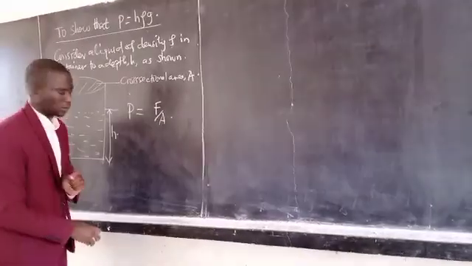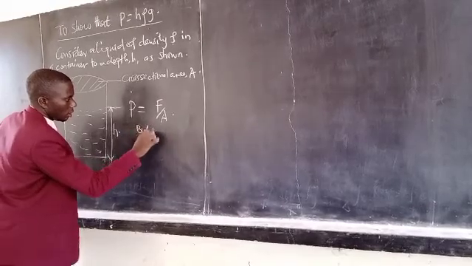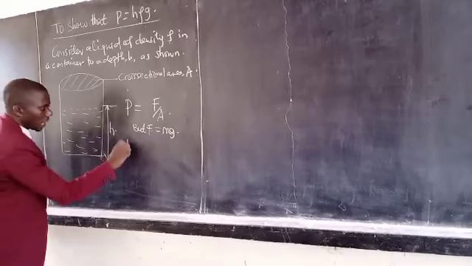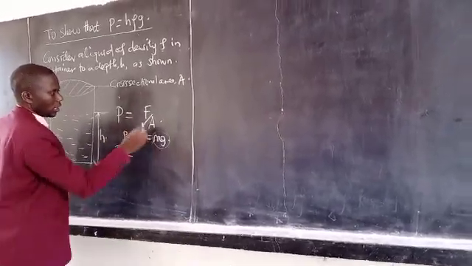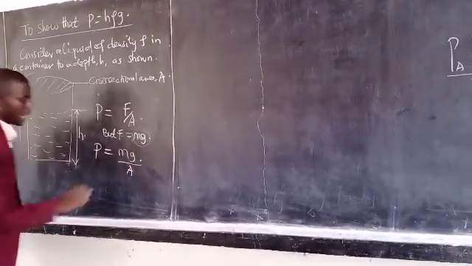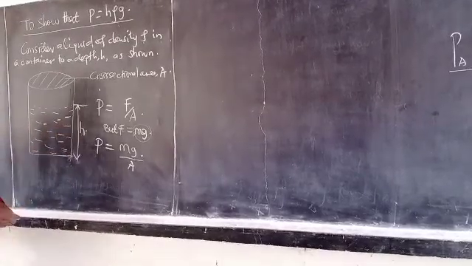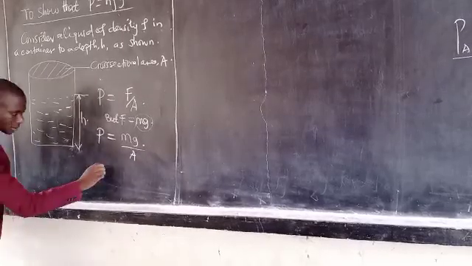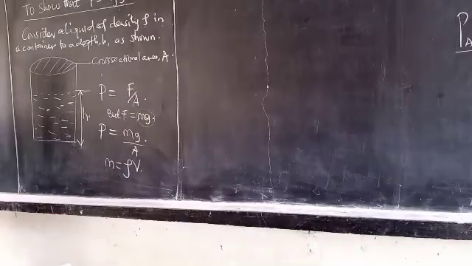What is force? Force equals mg. So what is pressure? Meaning, where there is force I put this mg, therefore pressure will be mg over area. What is the mass of this liquid? This m is mass. Mass is density times volume.